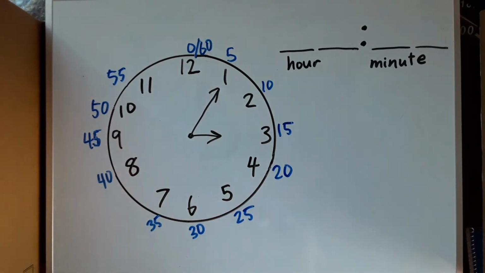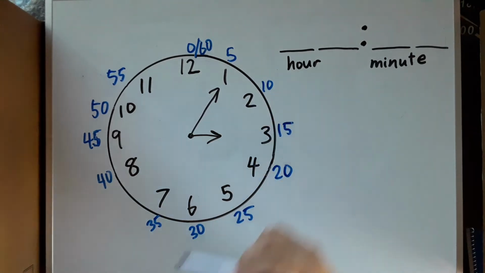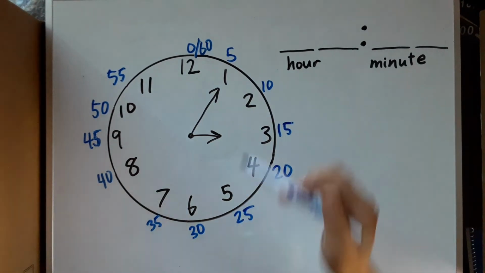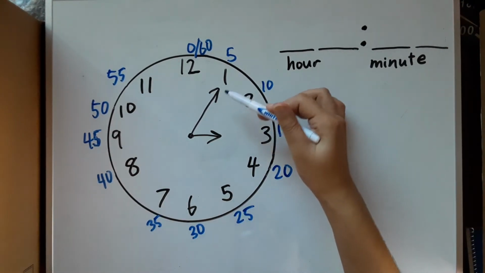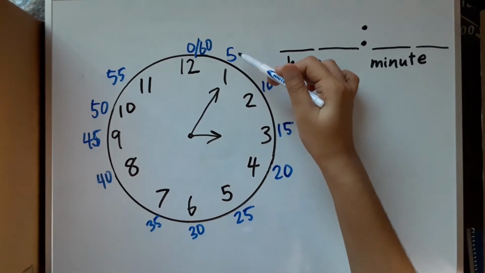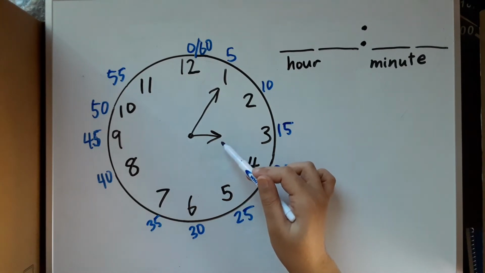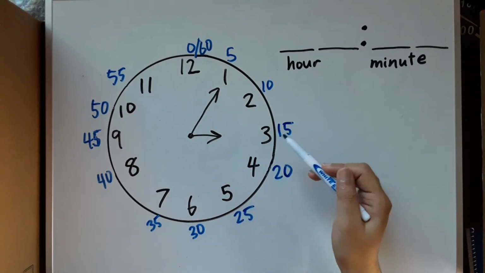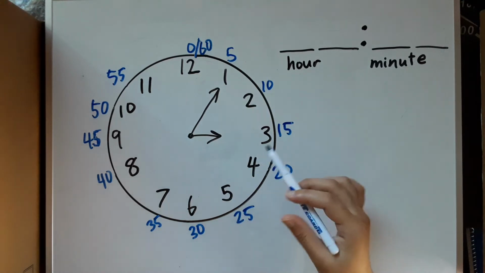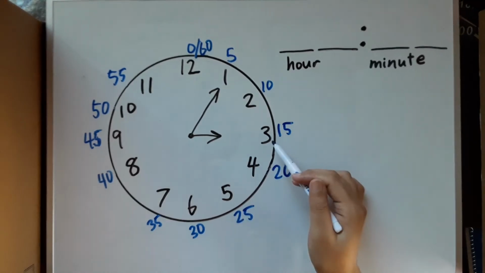When reading an analog clock, it always has 2 arrows, which we call 2 hands. The longer hand goes all the way to the number, and this signifies the minute. The shorter hand, which goes about halfway, signifies the hour. So, to read this time, we would start with the hour and see that it's pointed at the 3.